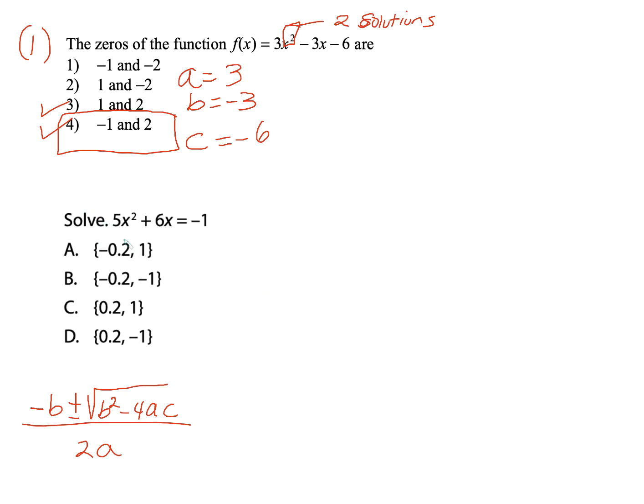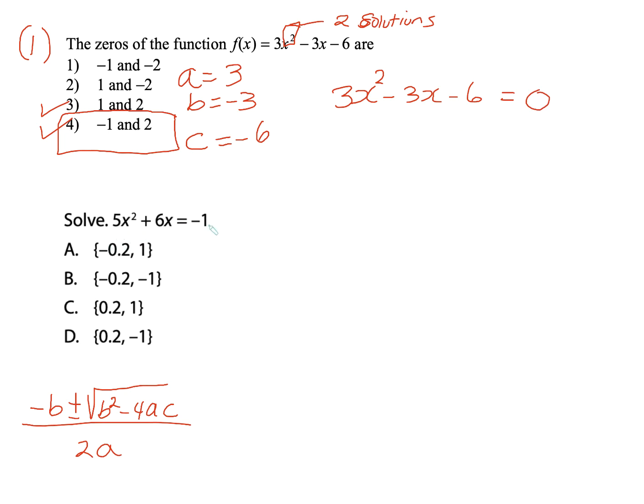Okay, last one, because I have no idea what you will see on the test. So here this says to solve 5x squared plus 6x equals -1. When they say that you're finding the zeros, it must equal 0. When they say the zeros of the function, it means that the 3x squared minus 3x minus 6 equals 0. That's what it means.